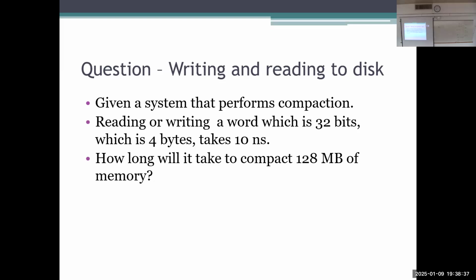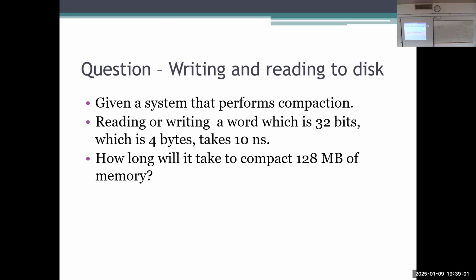Give me a second. 320 nanoseconds? No, show me your work.